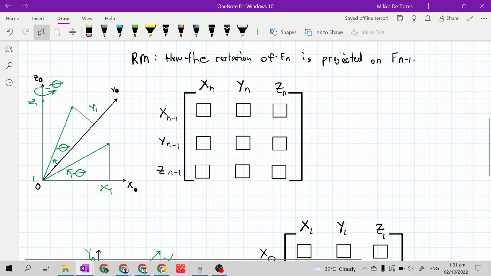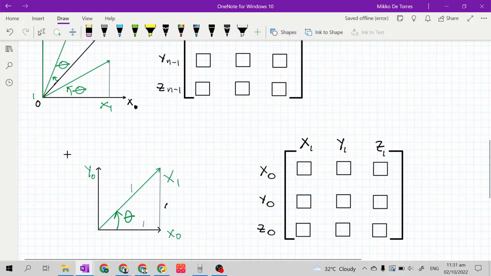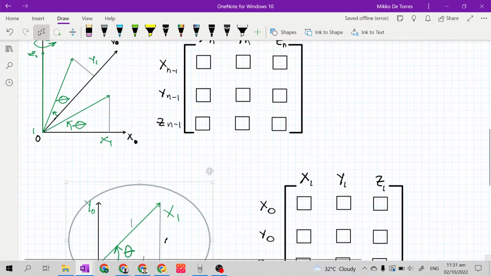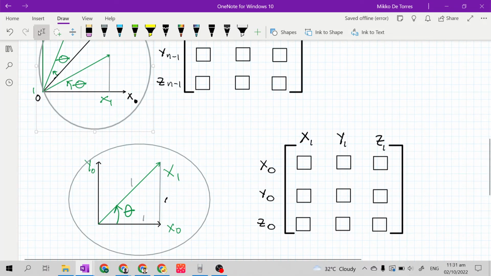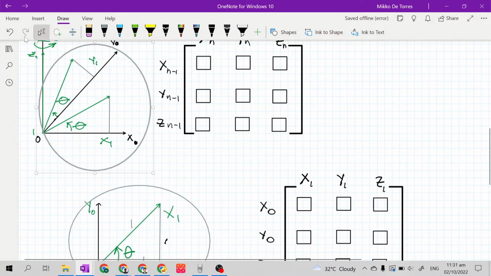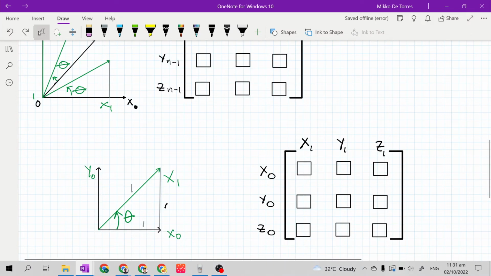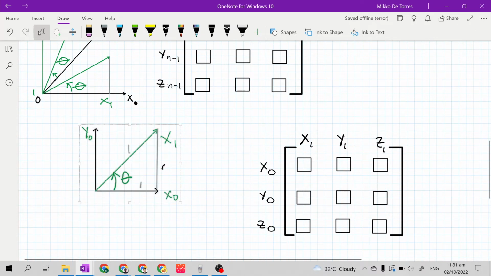This new drawing is the same as this, but now we are looking at it from the top view. So please be reminded, what we will do here is describe the projection of x sub 1 on x sub 0, y sub 0, and z sub 0.